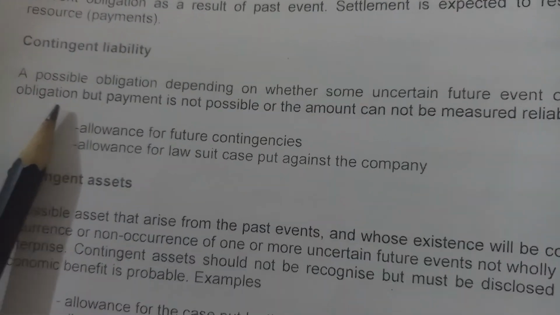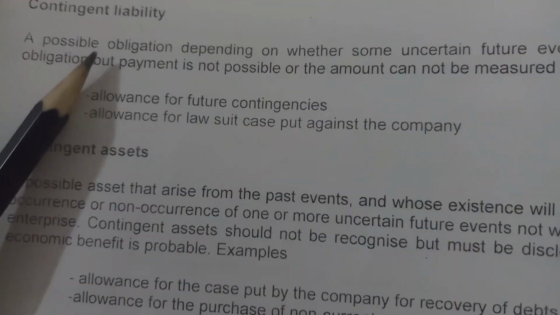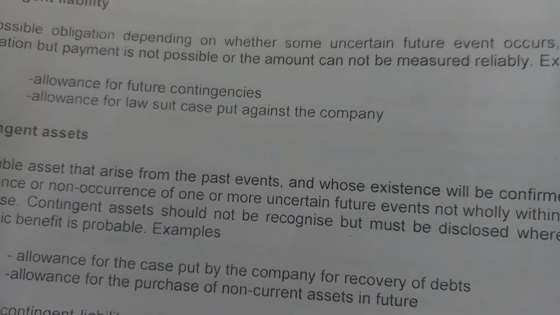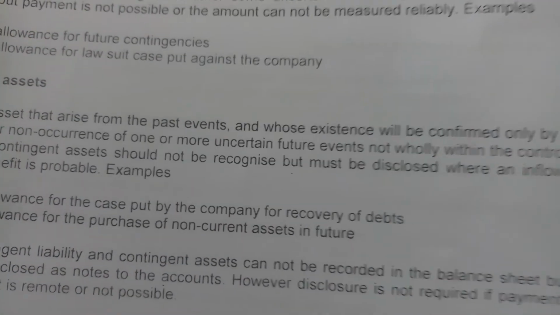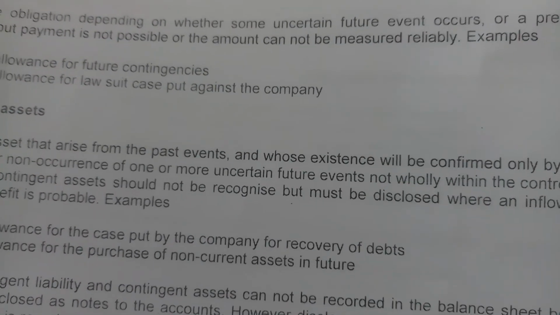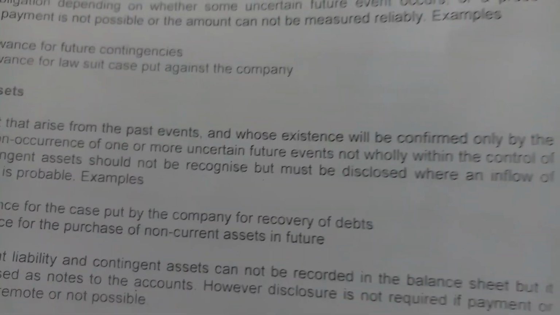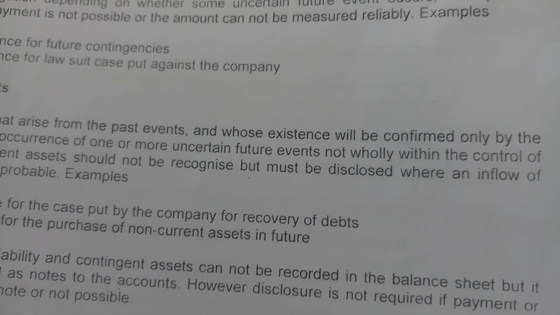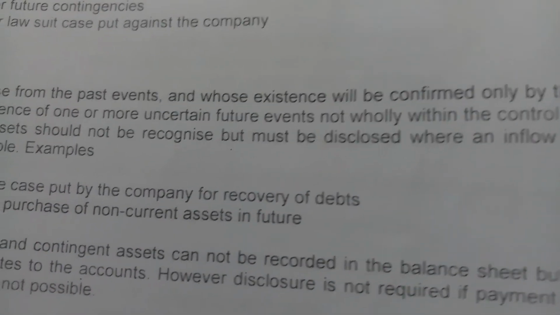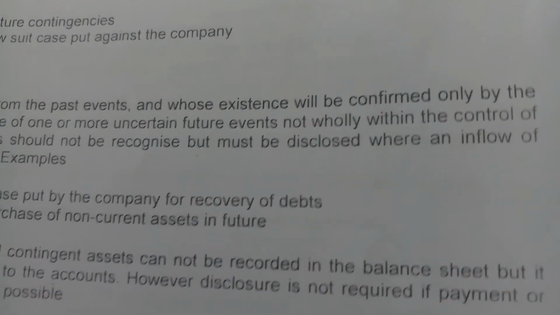Uncertain means हमें पता नहीं होता है कि वो events होंगे कि नहीं होंगे. Uncertain future events, or a present obligation where payment is not probable or the amount cannot be measured reliably. ठीक है. Example, allowance for future contingencies, allowance for a lawsuit put against the company.